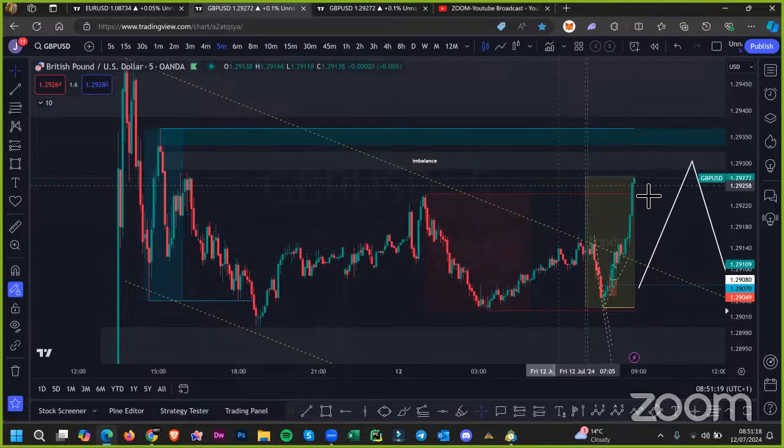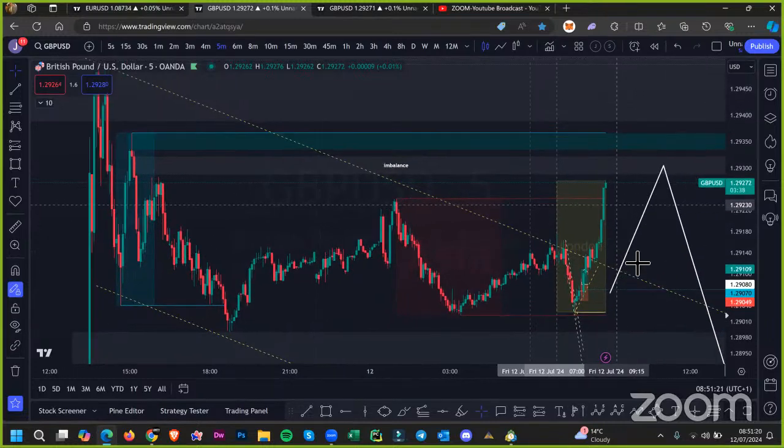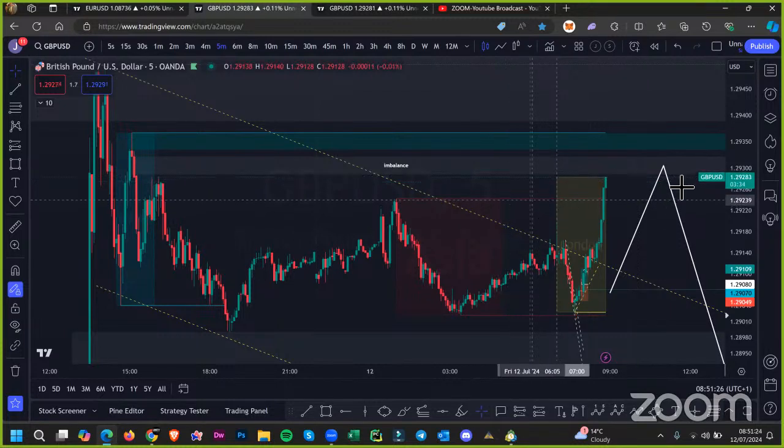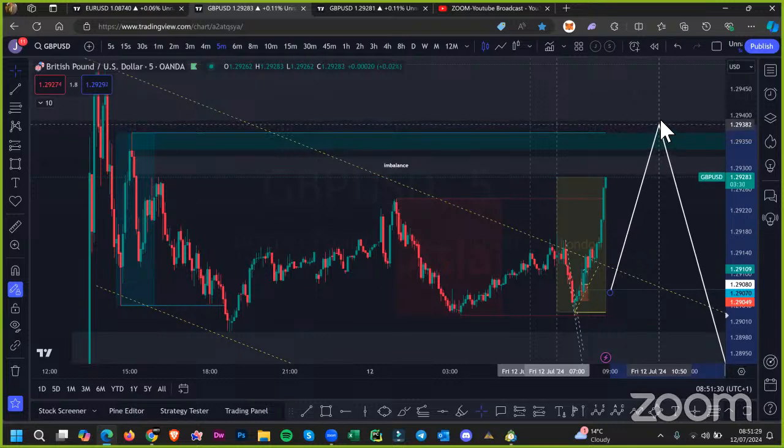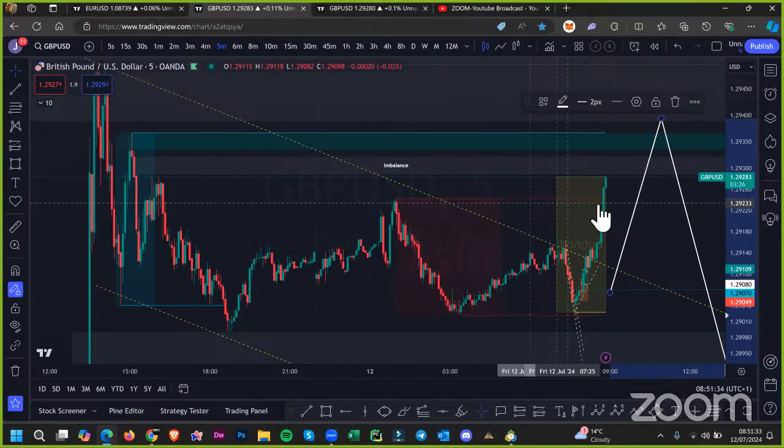So this is coming up here. It might be the case that London's feeling wicked and bad, and it not only wants to go and take out the Asian session, but it wants to take out the previous New York high liquidity also. So this GU may keep running and running.